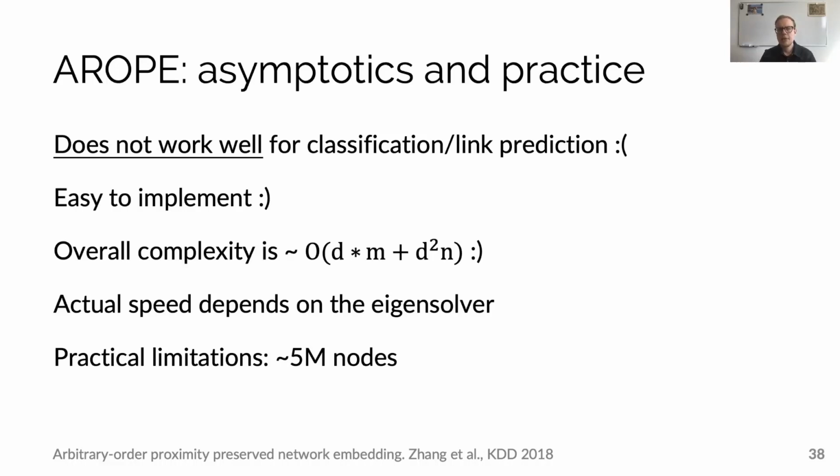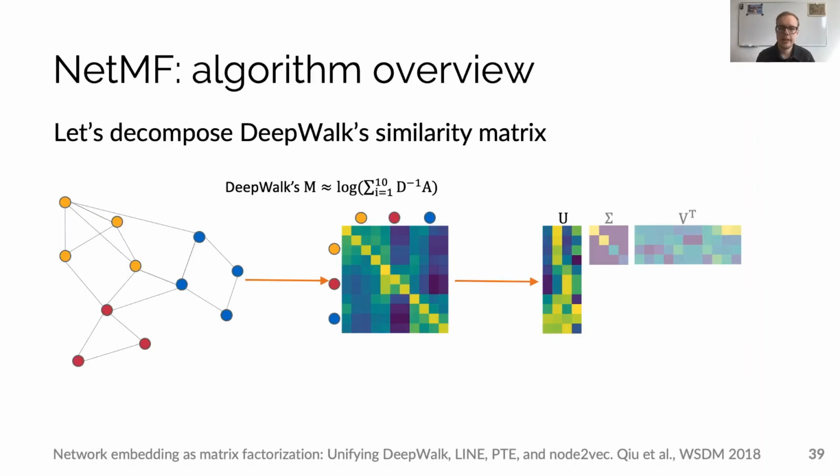The actual speed depends on the eigensolver, so it will be a bit different in speed if you use it in MATLAB or Python, or if you use some more advanced eigensolver for your graph. The practical limitation with the default authors' code is something like 5 million nodes, but again, it doesn't really matter because it doesn't work well with the downstream tasks. So the next paper is going to address that in a slightly less scalable way.